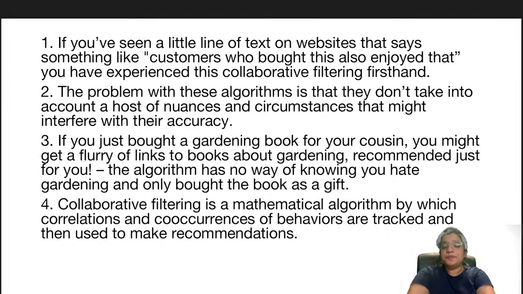So you know that fourth option is going to be your opening statement, because it's introducing collaborative filtering. It says collaborative filtering is a mathematical algorithm by which correlations and co-occurrences of behaviors are tracked and then used to make recommendations.